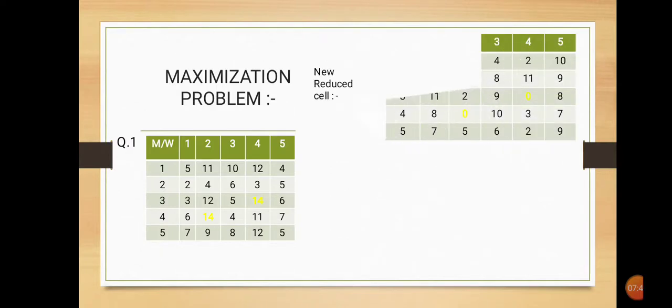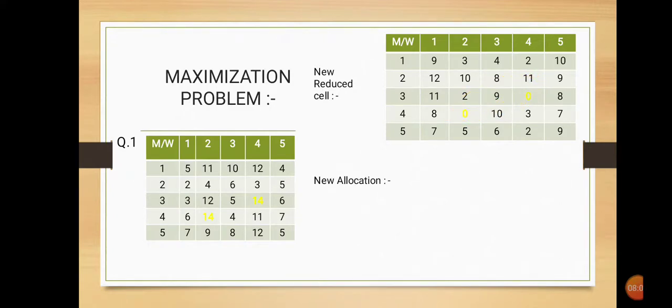In the new reduced sale matrix, 14 is selected as the maximum number and all the other values are subtracted from it. Then we get the new reduced matrix where 14 was available, and 0 is written. Correct. Now the same procedure is carried out for this maximization problem. The row minimum and column minimum you can calculate on your own.